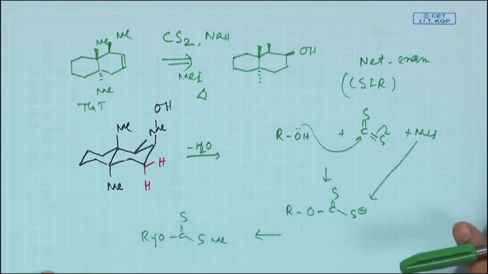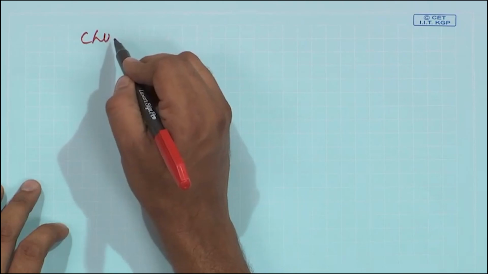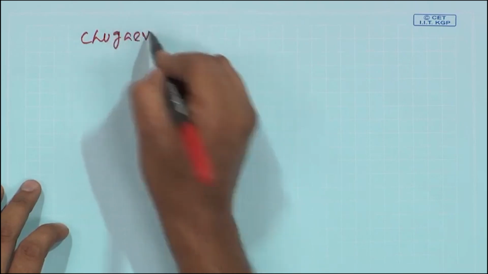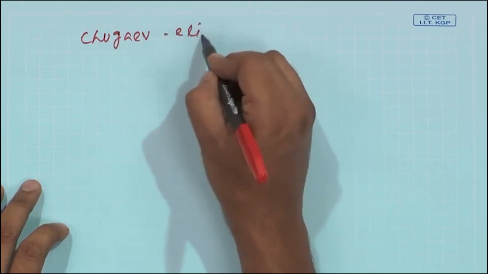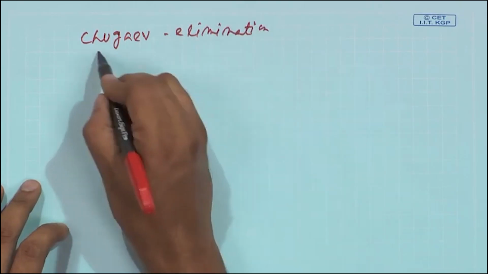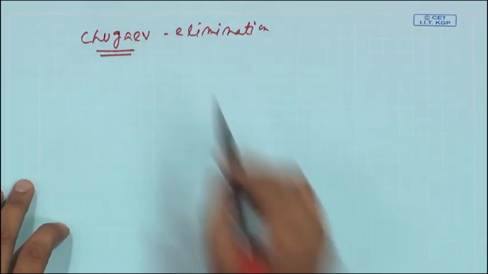Now, this particular reaction is named the Chugaev elimination. The Russian scientist Chugaev first took this xanthate ester.